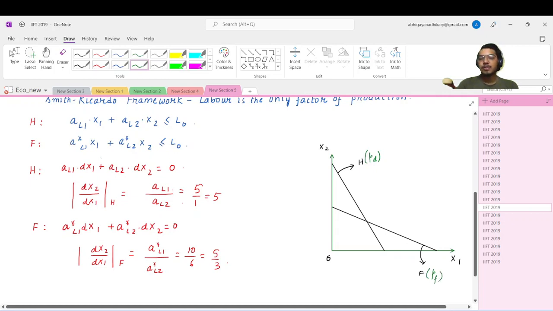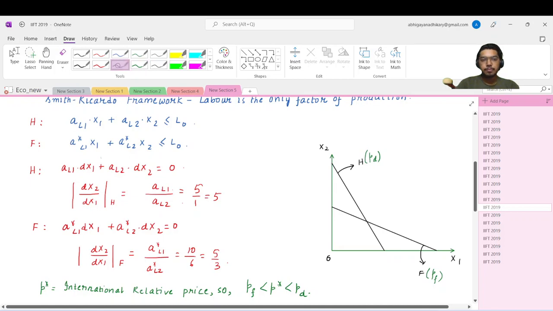Since the autarky prices differ, there is an incentive for trade, and P star is the international relative price. It will lie between PD and PF. Since PF is lesser, it will be PF less than P star less than PD.